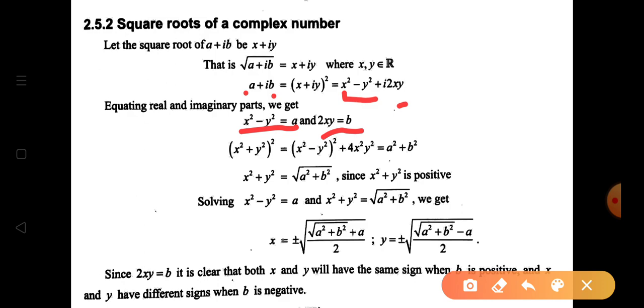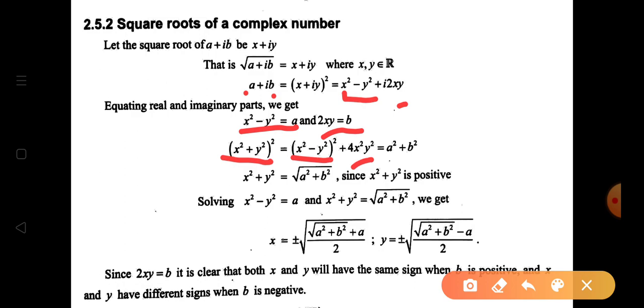Now we are going to find (x square plus y square) whole square. What is the formula? Using these two answers, x square minus y square and 2xy. So (x square plus y square) whole square is equal to (x square minus y square) whole square plus 4x square y square.